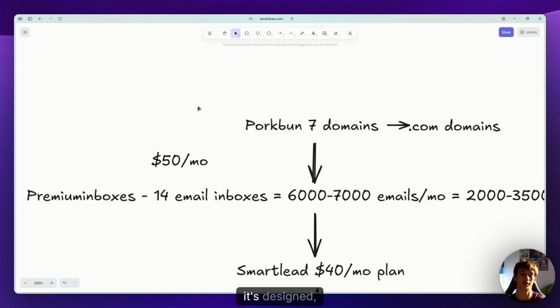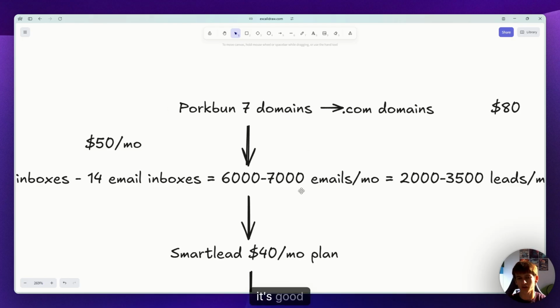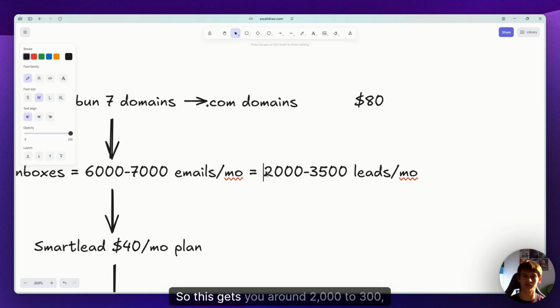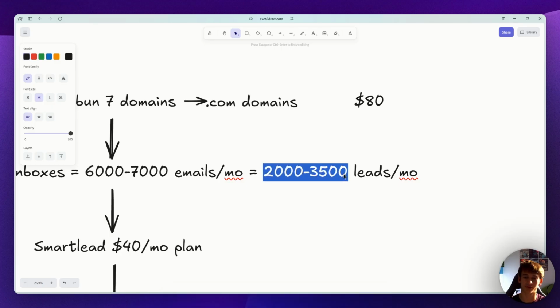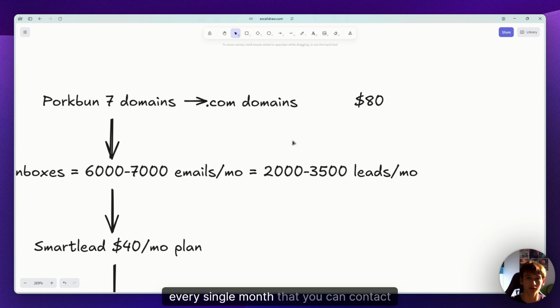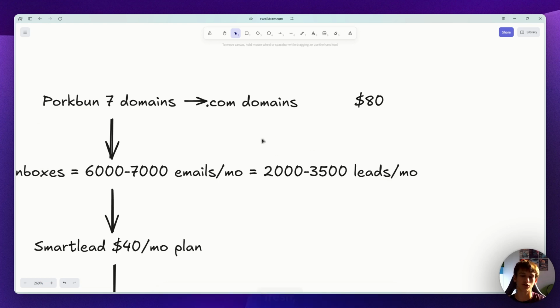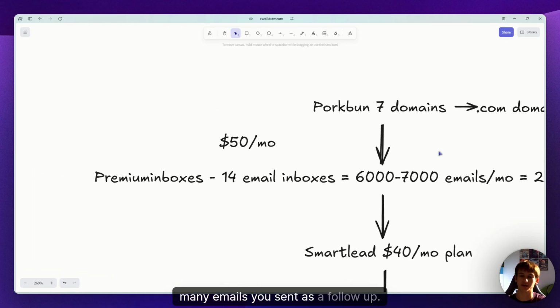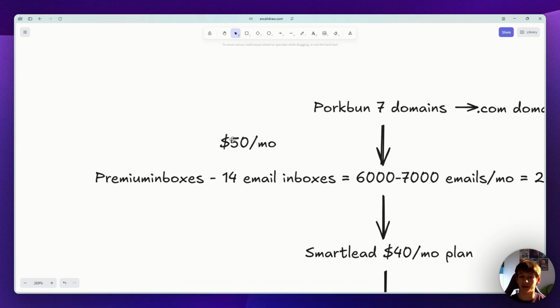It's designed for solo use cases, at least for now. This gets you around 2,000 to 3,500 leads every month that you can contact fresh, depending on how long your sequence is and how many follow-up emails you send.